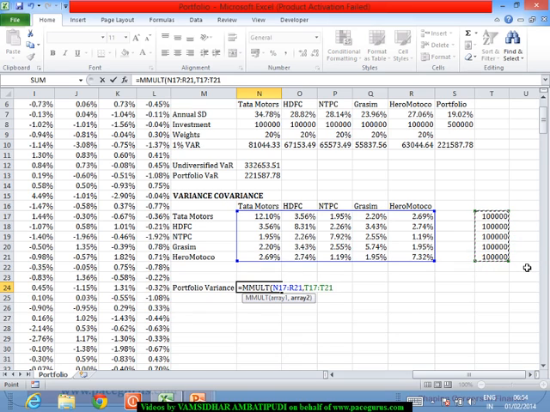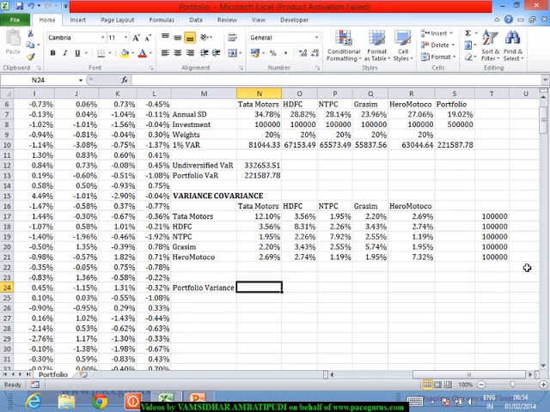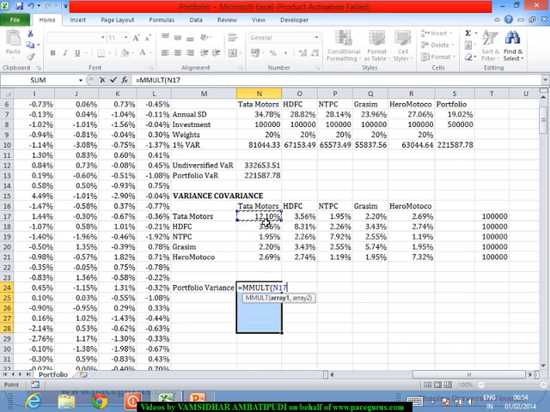So your resultant will be a 5 by 1 matrix. So before I apply the formula, because it's an array formula, I will select a 5 by 1 matrix. Then I apply matrix multiplication by taking this as one set of values and this as another set of values, and do a control shift enter.